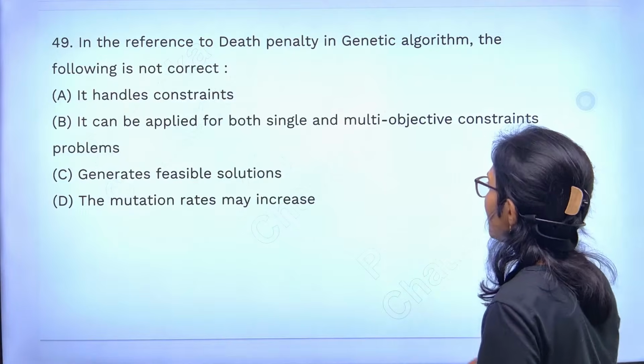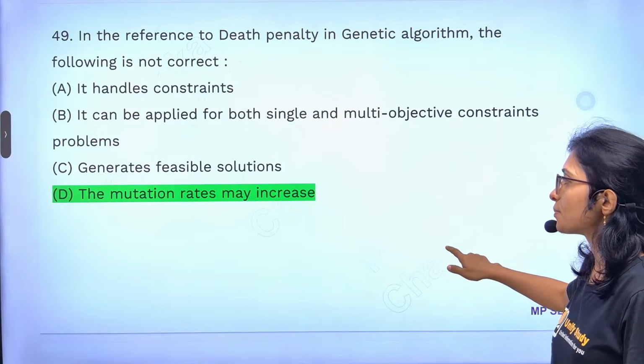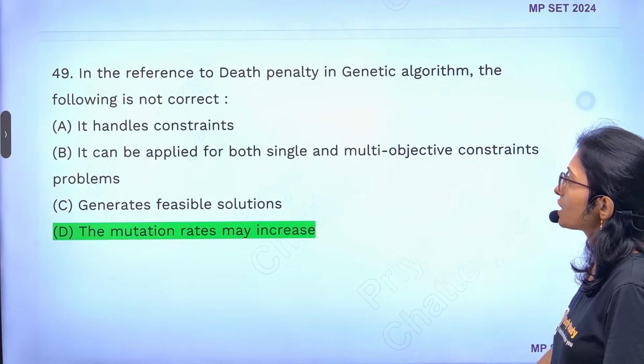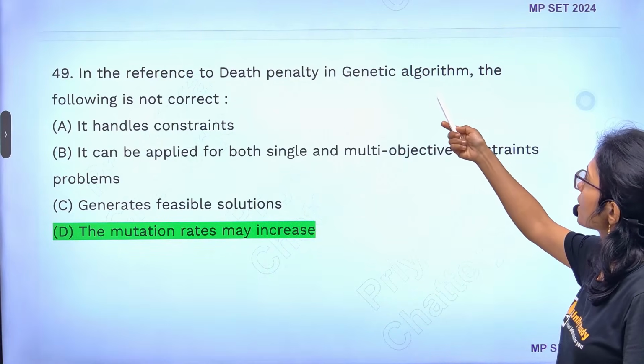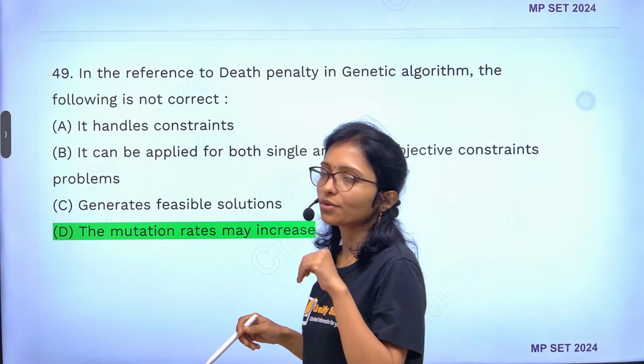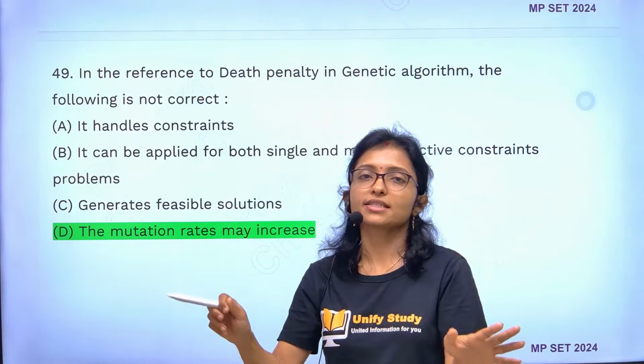Yes, the meaning of death penalty here, the mutation rates may increase here. What is the reference of death penalty in genetic algorithm? Not correct. Not correct. Why? Death. It is going to death means it is going to end.